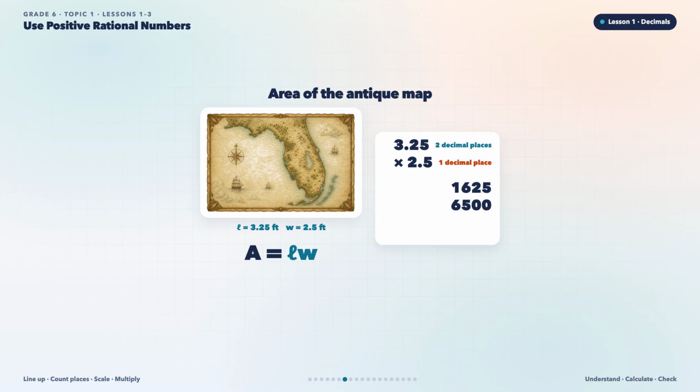Add them. 8,125. Now place the decimal. 3 and 25 hundredths has 2 decimal places. 2 and 5/10 has 1. 2 plus 1 is 3 decimal places. The area is 8 and 125 thousandths square feet.